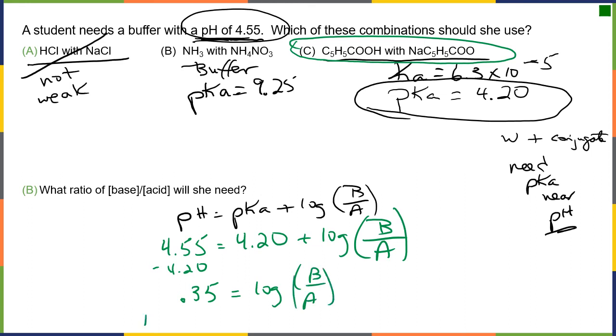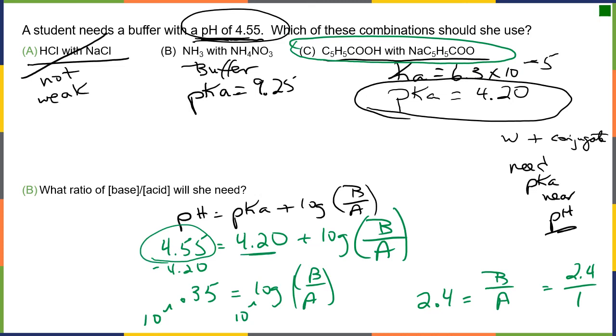Well, we know to get rid of a log, we take 10 to both sides. 10 to the 0.35 is equal to 2.4. So 2.4 is equal to the ratio of the base to the acid. So we're going to need a ratio of 2.41 for our base to our acid to make this work, because the pH that we need is above the pH that we start with.